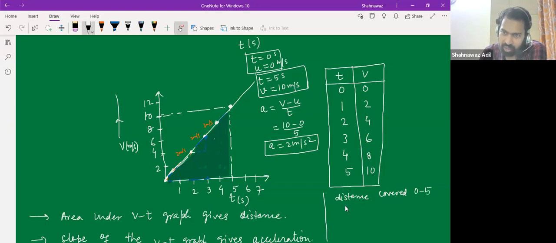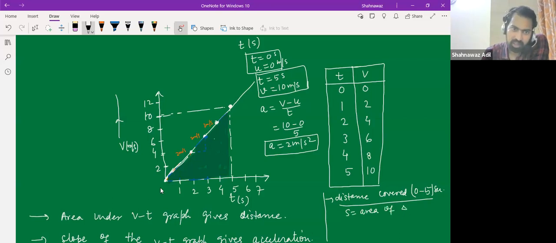Yeah, absolutely correct, 0 to 5. Okay, so tell me, guys, what should be the distance? As Akif said, area of triangle. Let me name it A, B. So how much would be the area of triangle A?